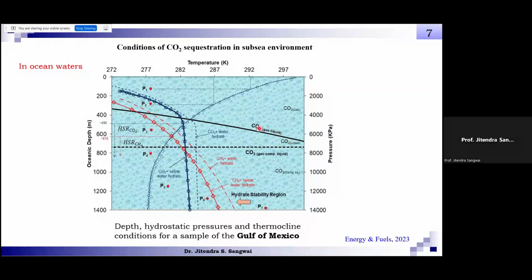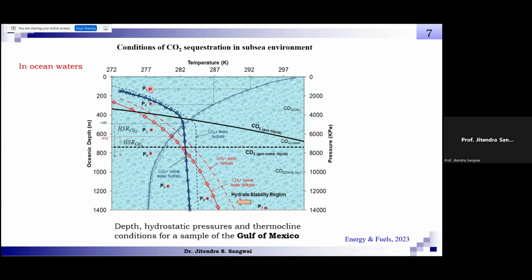And this is the CO2 gas liquid line. This is the CO2 liquid line. So at P4, one can say that if CO2 is injected, it will become liquid CO2 and it will then form hydrate with the water. So it will first have a phase change from gas to liquid at P4, and then it will form the hydrate.